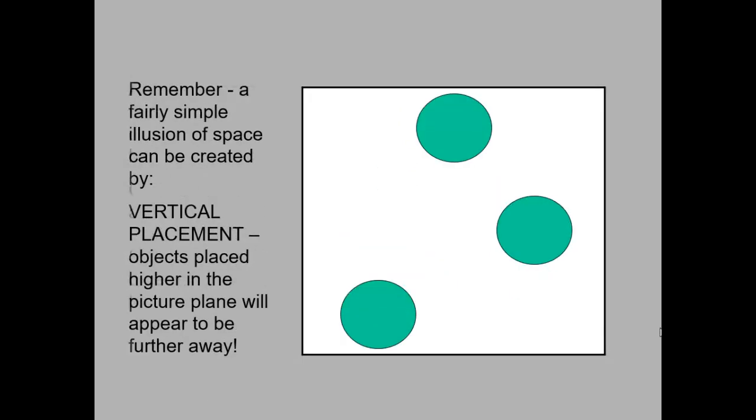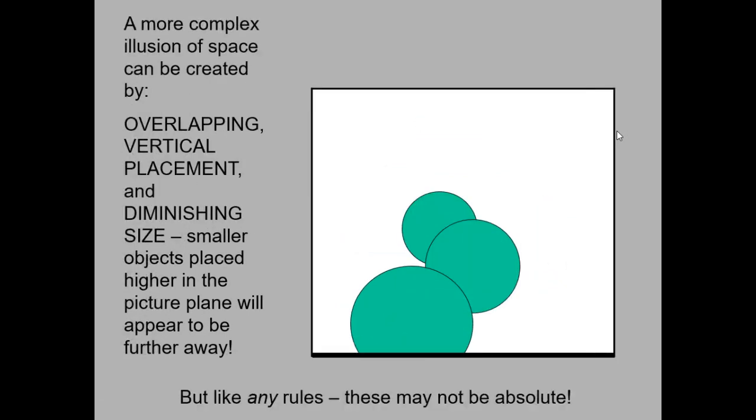So if I combine all of those ideas with this concept of placement, that this is closer to me because that feels further away because it's higher. If I combine that idea with the idea of overlapping and diminishing size, check this out.